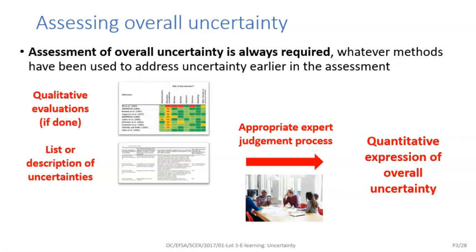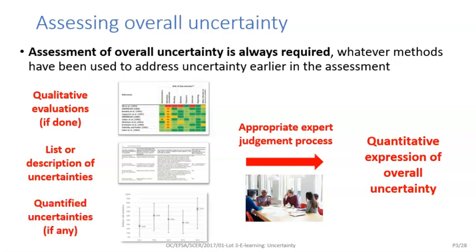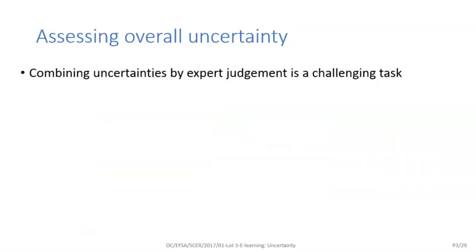If some uncertainties have been evaluated qualitatively, for example using critical appraisal tools, then the results of that feed into the overall uncertainty assessment together with the other listed uncertainties. And if some uncertainties have been quantified separately, then the results of that also feed into the overall uncertainty assessment, as in the example on the previous slide.